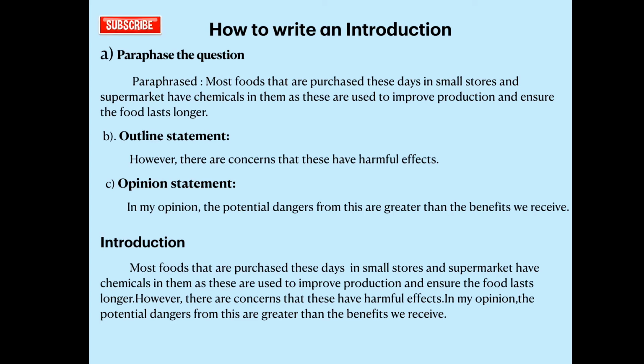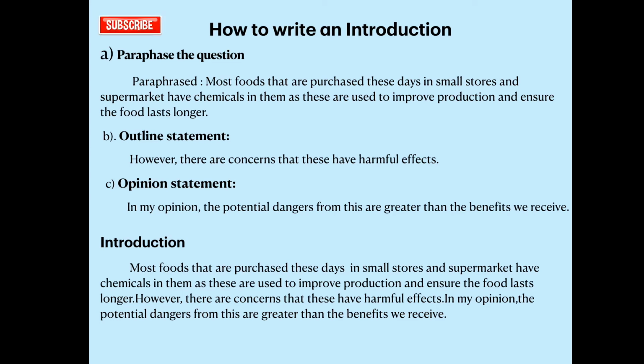Here the general statement is given in the question, and in that general statement we can use some synonyms without changing the meaning. So how do we paraphrase here? The general statement is the use of chemicals in food production and preservation.